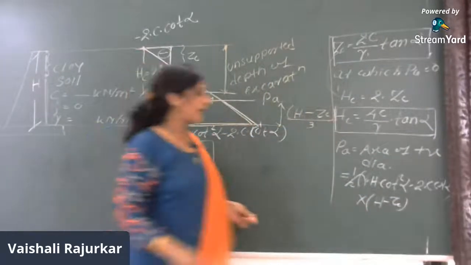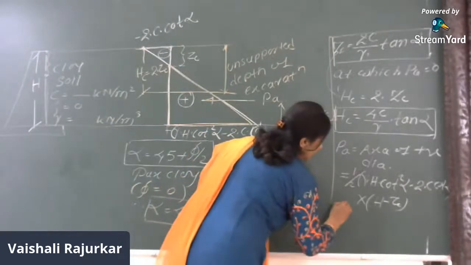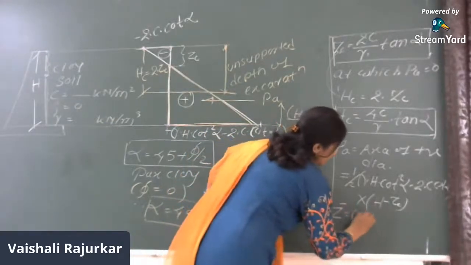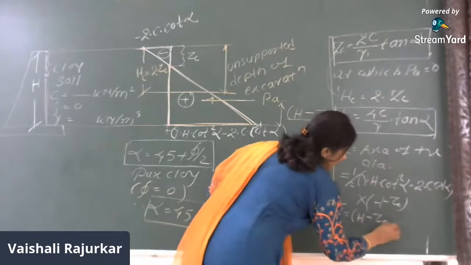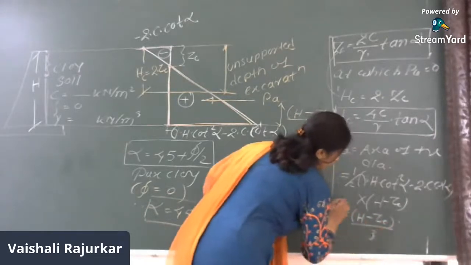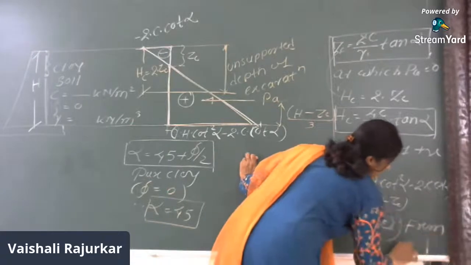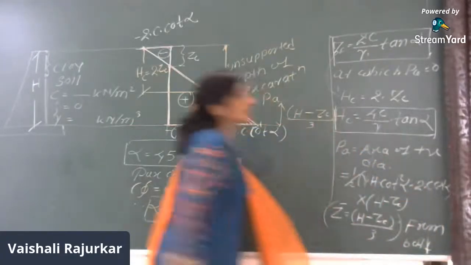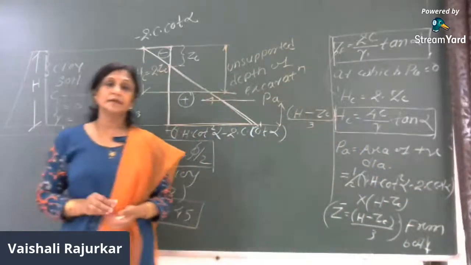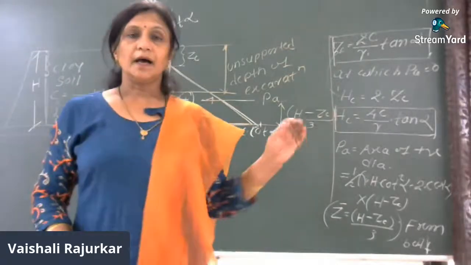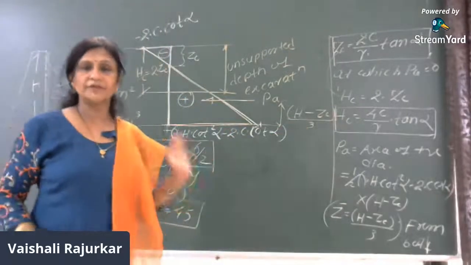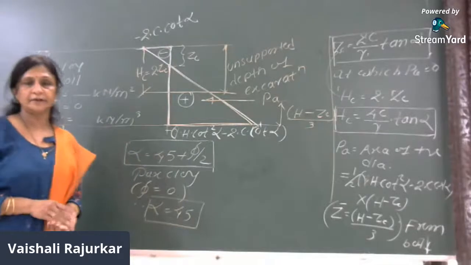So where will it act? It will act at distance Z bar, which is H minus ZC by 3 from the bottom. So somewhat different assumptions are there in the cohesive case. Now we will discuss the numerical based on it, right?